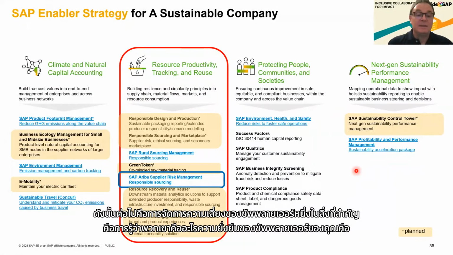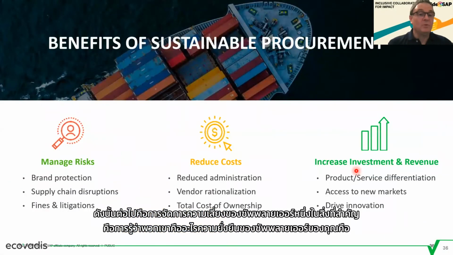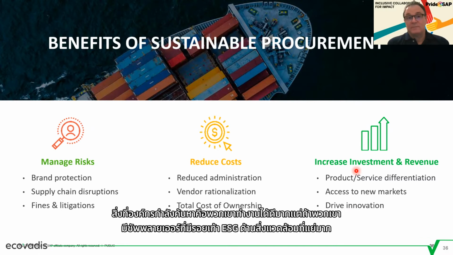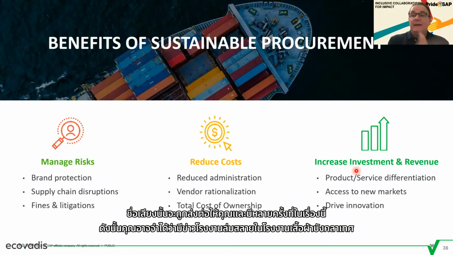Okay, so the next one is supplier risk management. One of the important things is knowing what the sustainability footprint of your suppliers is. What organizations are finding is they do very good work, but if they have a supplier who has a very bad environmental or ESG footprint, that reputation gets passed to you. And there have been numerous occasions of this.